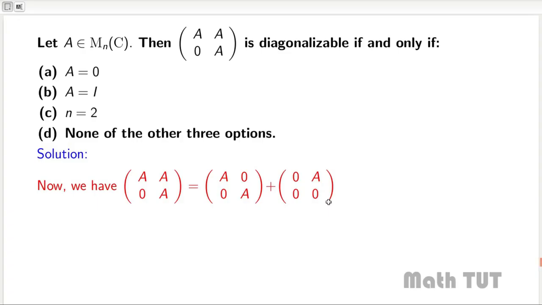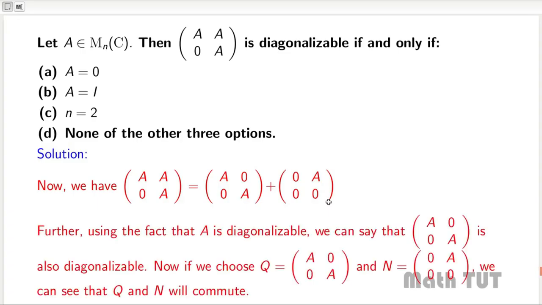So here we have the fact that A is a diagonalizable matrix. So this diagonal matrix is diagonalizable because it has two blocks, and if the diagonal block matrices are diagonalizable, then we can say this matrix is diagonalizable. So this portion is a diagonalizable matrix.